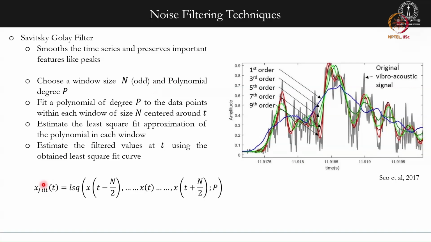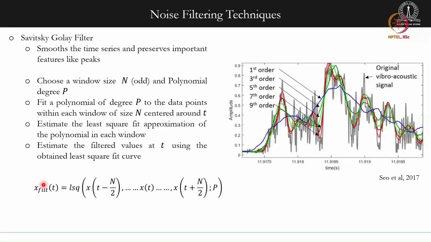Again, it does this operation over all the data points by sliding that moving window. In each of these moving windows, it estimates the least square fit approximation of polynomial degree p, and then using that approximation estimates the filtered value. Again, it generates a whole new time series of filtered values. So that is how these three filters work.